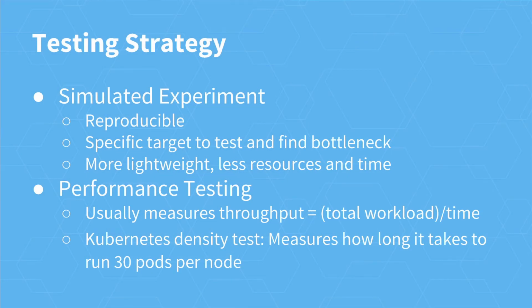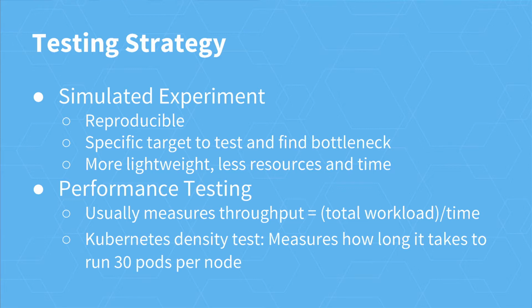We needed some testing strategy. First, we run experiments in a simulated environment. I've seen some argue that we are not handling real use cases. I just want to say that when pushing forward scalability, we want to push the edges. And 3 months ago, when we were doing it, the edge was about 1,000 nodes. I know very few people were running 1,000-node clusters at that point in time.